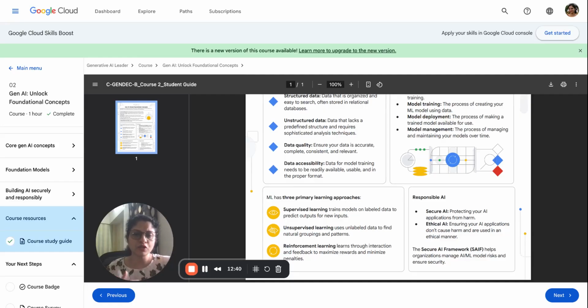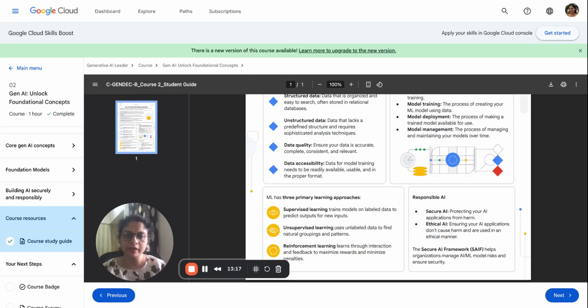And for unsupervised learning, if there is no category available, or we can say there is unstructured data, or natural grouping patterns are difficult to find out, and that's why no such label can be formed, this can be considered unsupervised learning. And the third one is reinforcement learning.